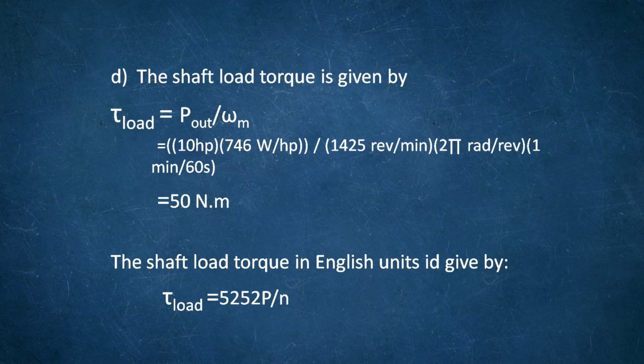Since the motor is of 10 horsepower and 1 horsepower is 746 watts, shaft power in terms of watts will be 7460. A 10 horsepower is equivalent to 7460 watts.